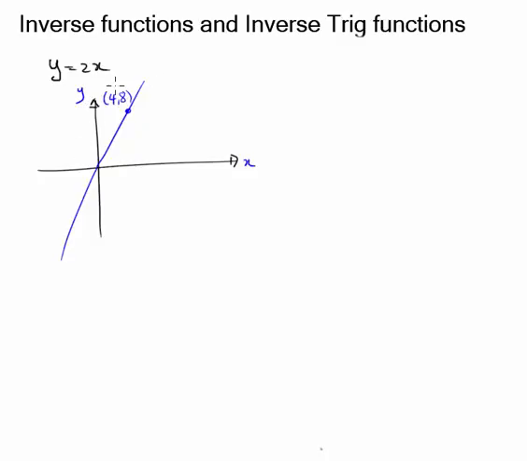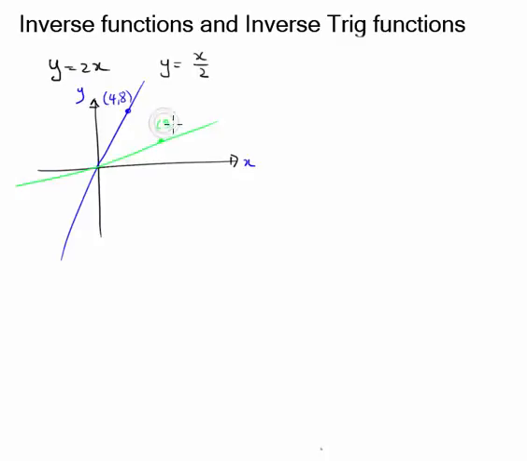And now if you plot the inverse function of this, so that's y equals x over 2, that's also a straight line with a gradient of half. So I think it's going to be like that with less gradient. Okay, so when x is equal to 8, then y is equal to 4. So a point, for example, over here could be 8 and 4.